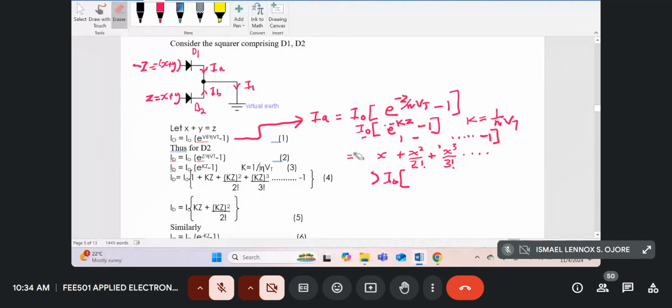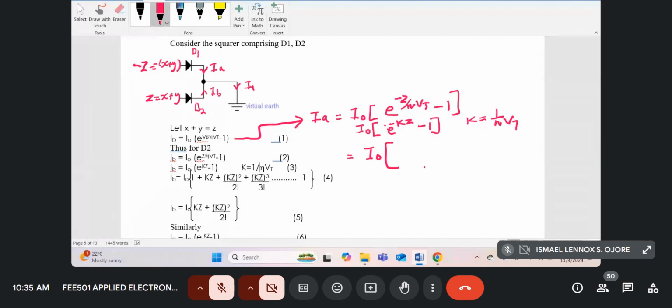Let me just come here. So this is I naught into bracket 1 plus minus kz plus minus kz squared over 2 factorial plus dash dash dash minus 1.